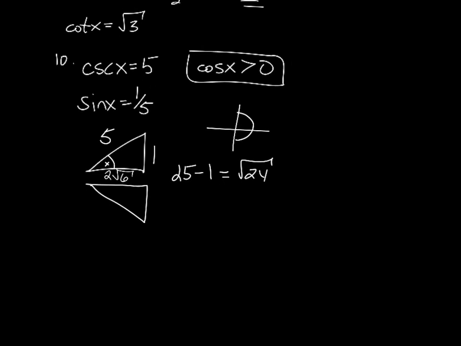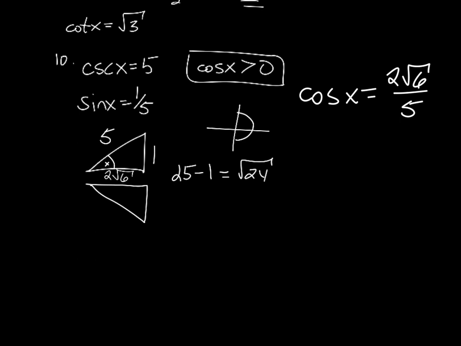So what else do we know then? Well, cosine would be 2 square root of 6 over 5.